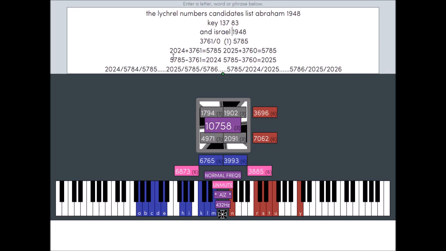And that's the conception of Israel, 1947, which is also the conception year of Abraham, 1947 AM. AD, Israel. Abraham birth, 1948. Israel birth, 1948. AD versus AM. That's how all of this stuff is operating here.